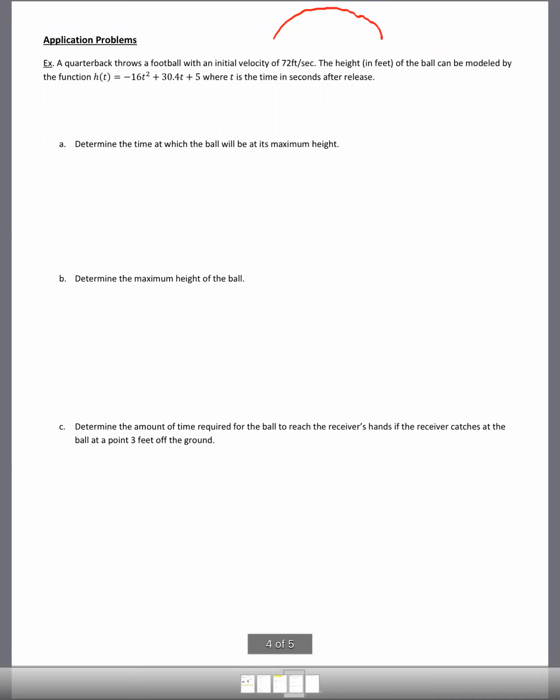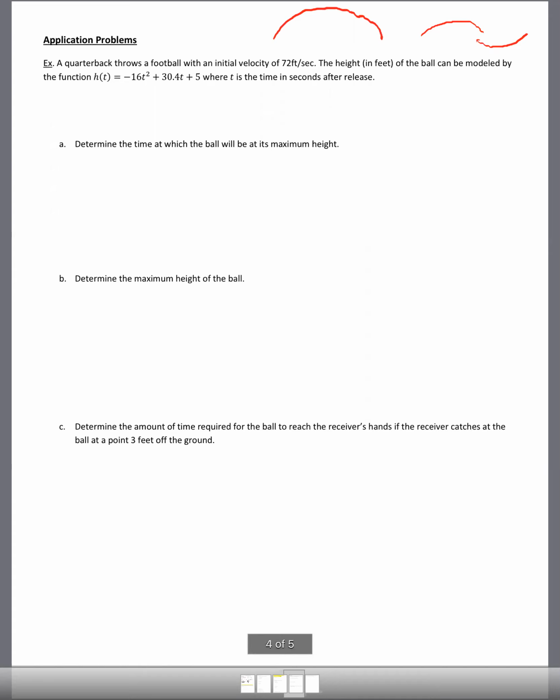If you shoot arrows, even though you may think you're shooting straight across, it's going to have either a natural lift to it, or it might actually have an under lift to it like that. Regardless, it's definitely going to make some type of arch, okay? So in our problem here, it says the quarterback throws a football with an initial velocity of 72 feet per second.